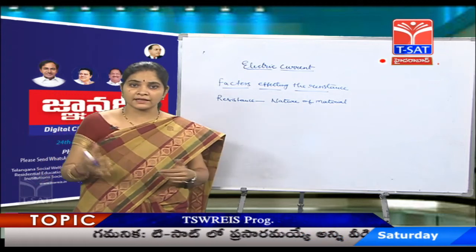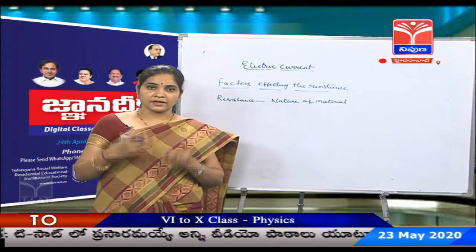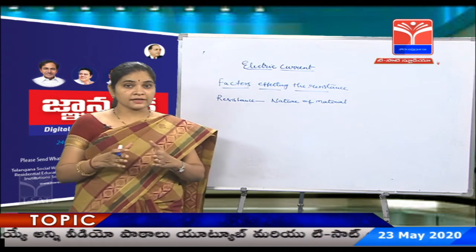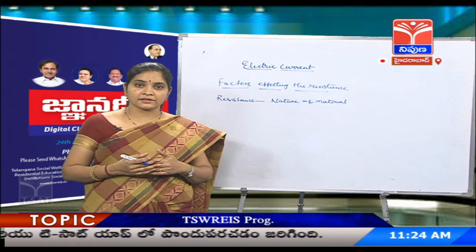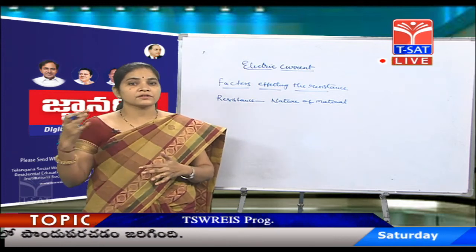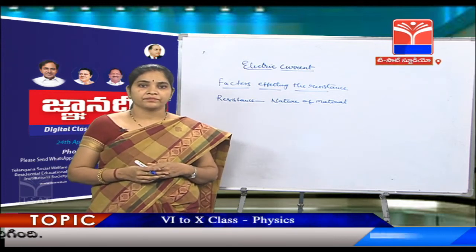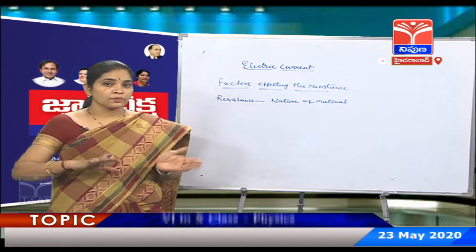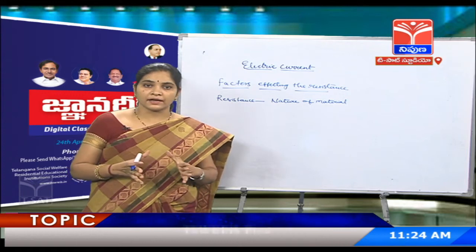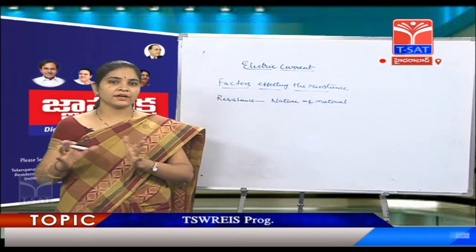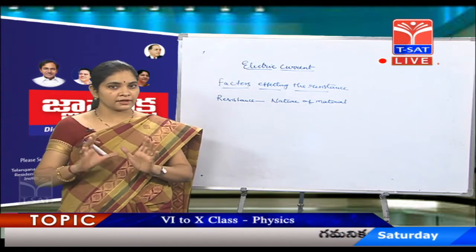So we can say that resistance increases with the length of the wire and decreases with area of cross section. Electrons move freely in a wide thick wire, whereas they do not move freely in a long narrow thin wire.